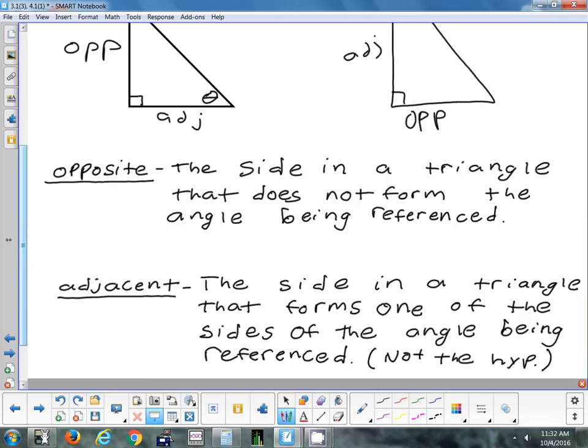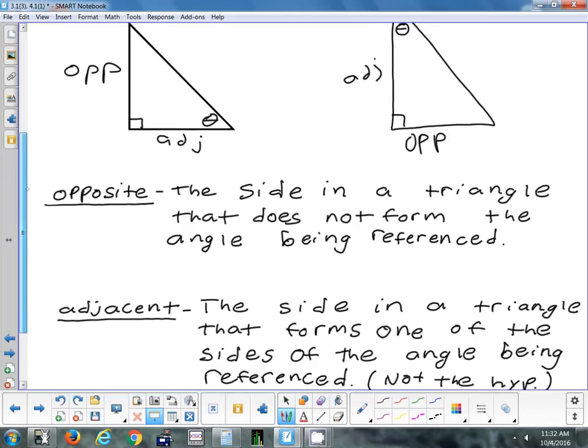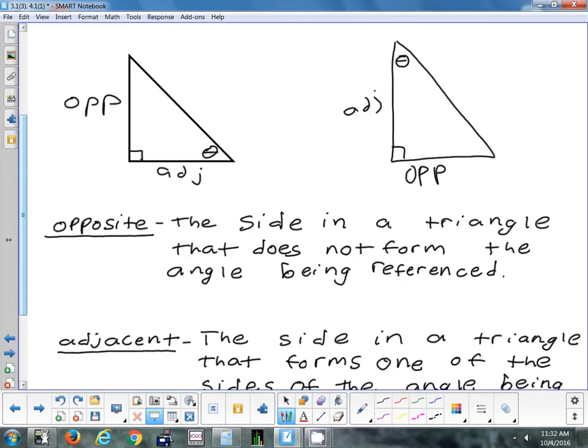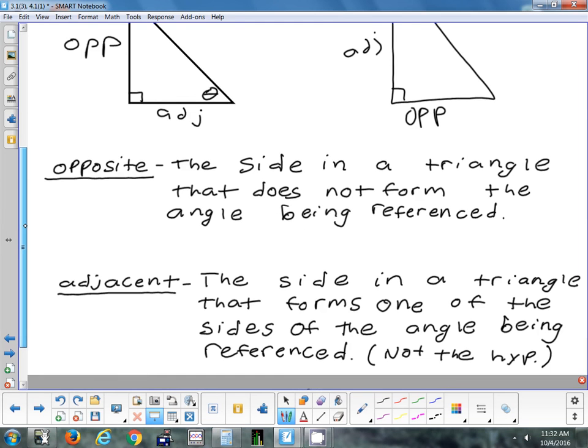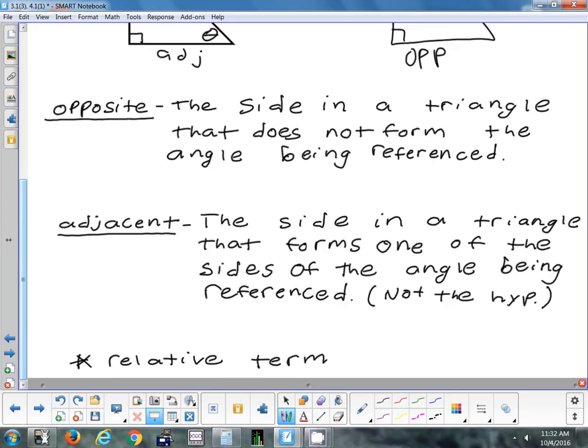You'll never do a trig problem from the perspective of the 90. We don't do it that way. It's always from the perspective of one of the acute angles. And I already explained what I mean by that earlier. They're relative terms, like left and right.